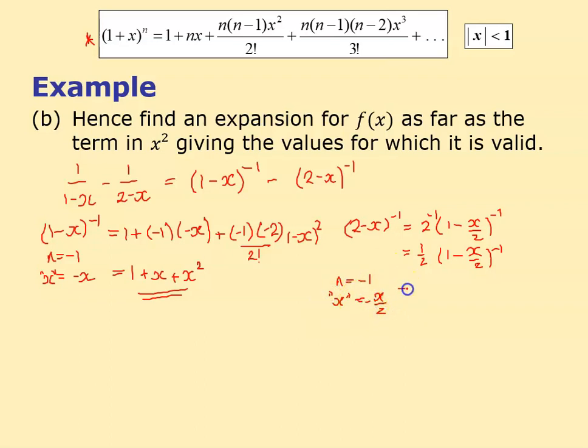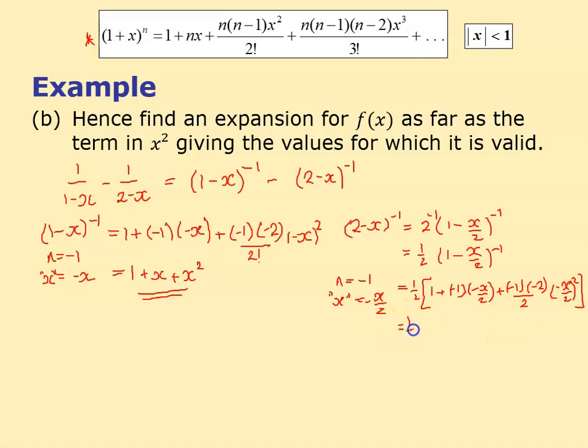So if I chuck that in, I get, well, a half of, let's not forget that half of, 1 plus nx, minus 1 times my minus x over 2, and then plus my minus 1 minus 2 over 2 factorial, which is 2, and then times by that minus x over 2, and I've got to square it.